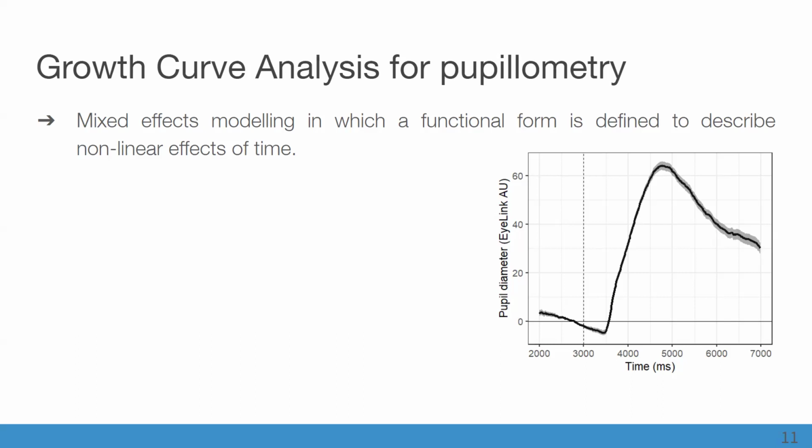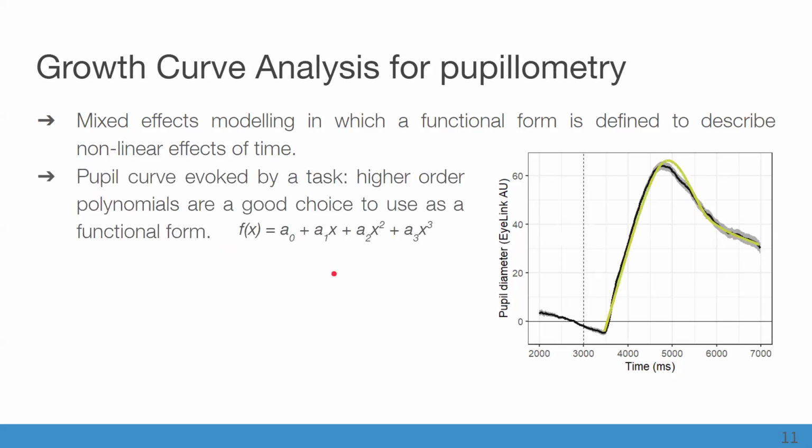So these random effects will account for that variability. So what happens is that when we see the pupil curve evoked by a task, higher order polynomials are usually a good choice to use as a functional form. Due to the shape of that curve, we usually can fit pretty well the curve that derives from a task.